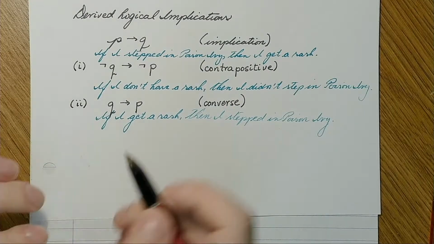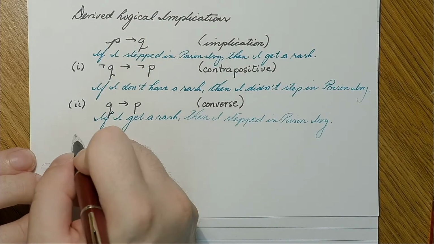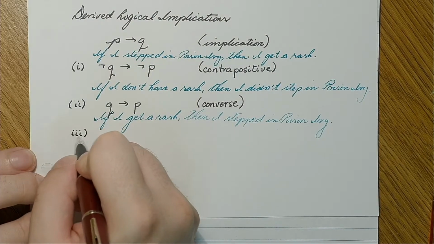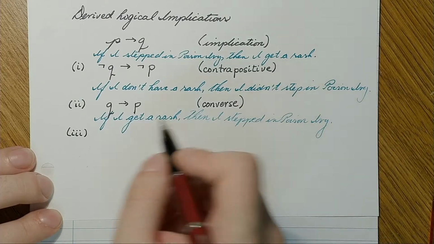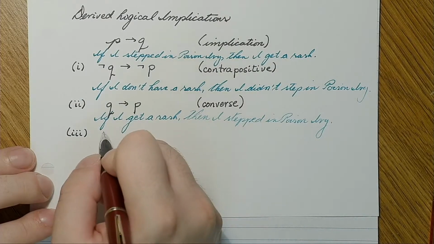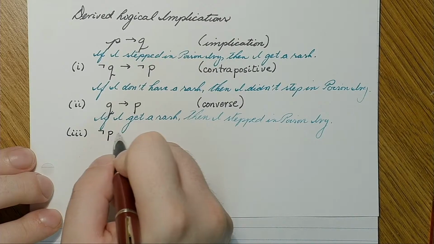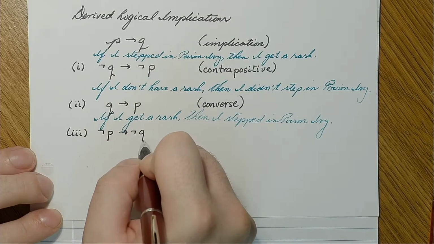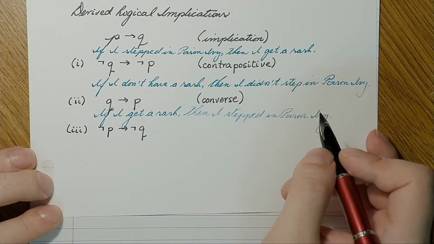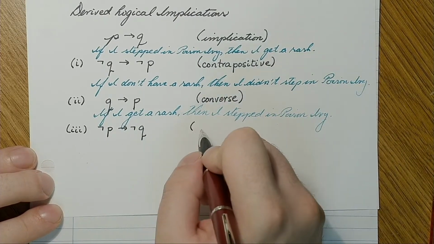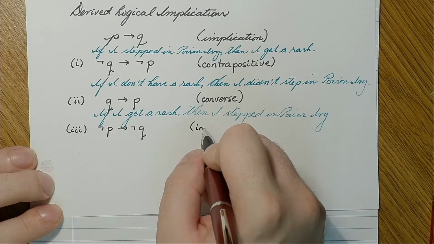Hopefully my pen doesn't die out for the last example. I have one more. So there's the third, and this one is called the inverse. So I have not P implies not Q. And so with that one, it's the inverse.